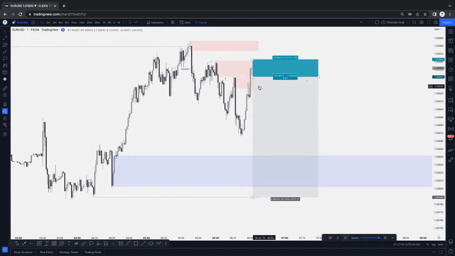Okay, so what is this? Why did this reaction happen here and then the market push higher?